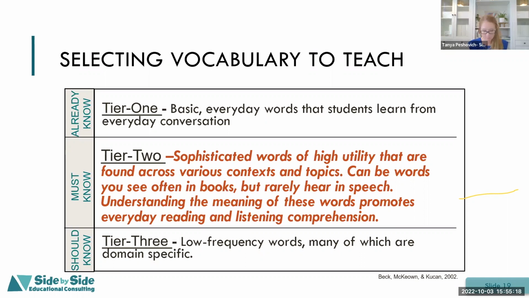So tier 2 words and tier 3 words typically are going to require more deliberate effort from us as teachers, but they are vital to the comprehension of the text or the concepts that you're teaching. So we're going to hone in on those.